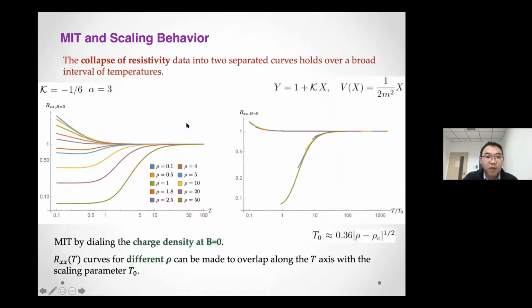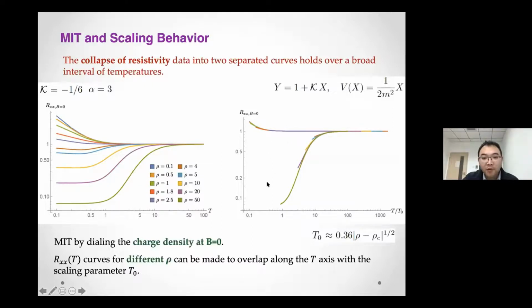So actually, we check the collapse of data over a large range of parameters. For example, we consider this kind of model. This is the curve for different charge density, but at zero magnetic field. The different curves correspond to different charge densities.